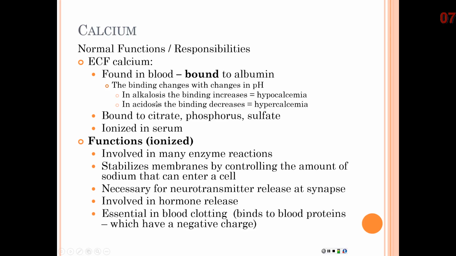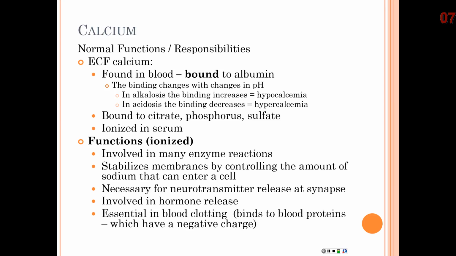So when pH rises, we're going into a more alkalotic state. There's actually less hydrogen available. In alkalosis, you find that there is an increased binding of albumin and calcium. So in alkalosis, you wind up having hypocalcemia.